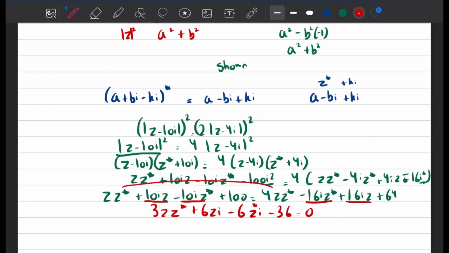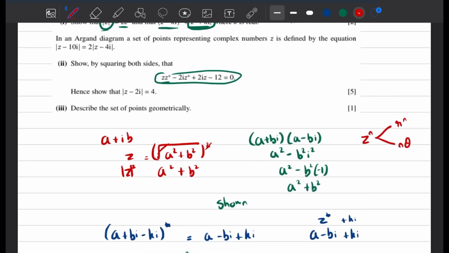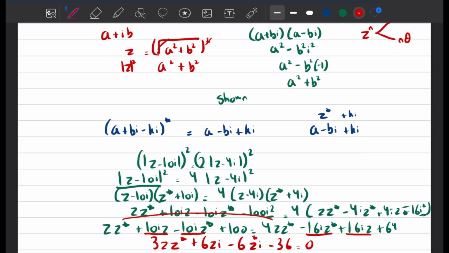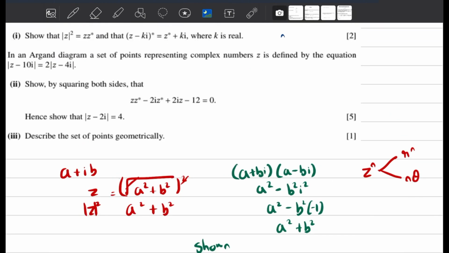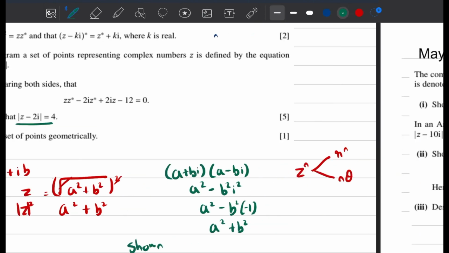Now, can I take 3 common, bache? So it's going to be zz conjugate plus 2zi minus 2iz conjugate minus 12 is equal to 0. Was I supposed to show this only, bache? So this is shown. Now we need to show this, hence show this. Okay, let's show this.